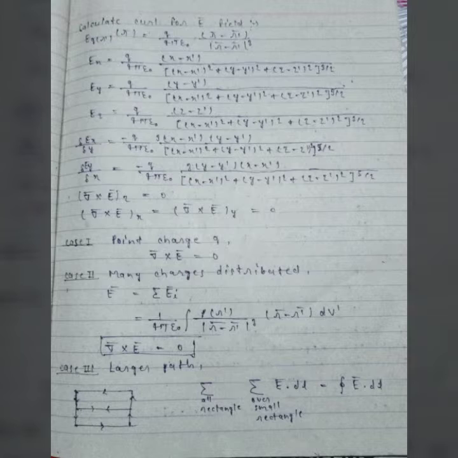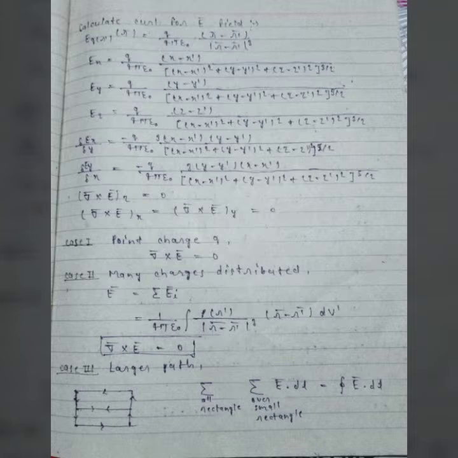So partial Ex over partial y is going to be q over 4 pi epsilon 0 times (x minus x prime) over [(x minus x prime) squared plus (y minus y prime) squared plus (z minus z prime) squared] raised to 5 by 2, and here I am going to have a (y minus y prime) times 3 with a minus sign.